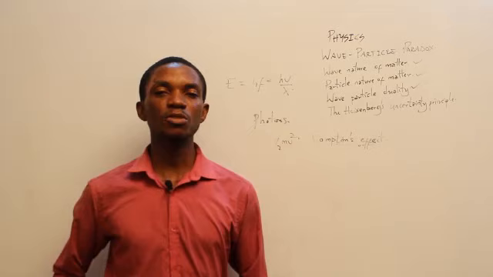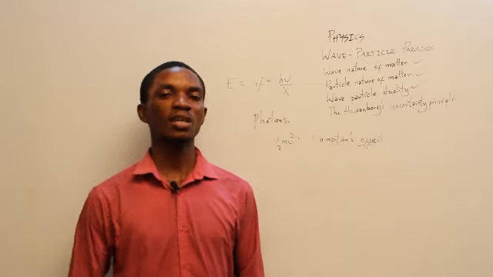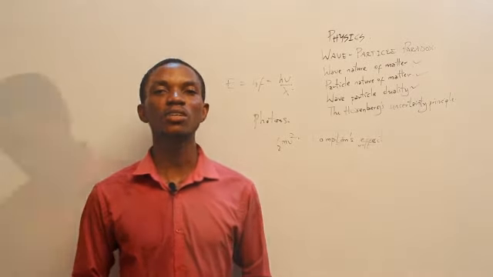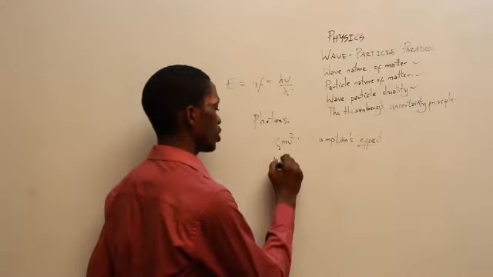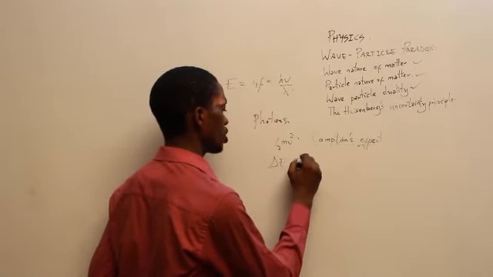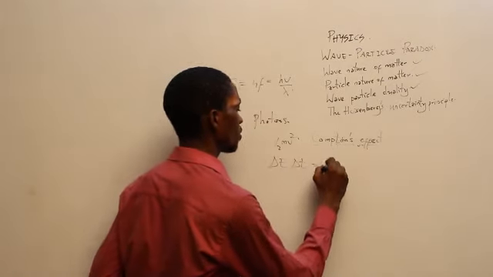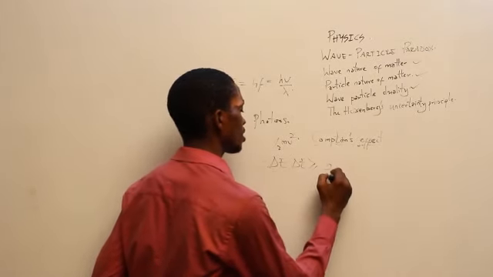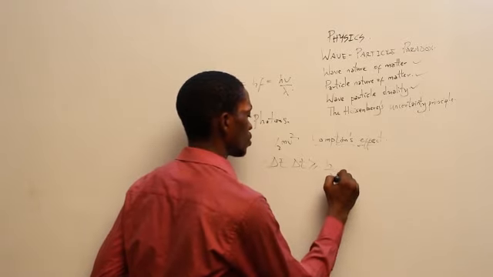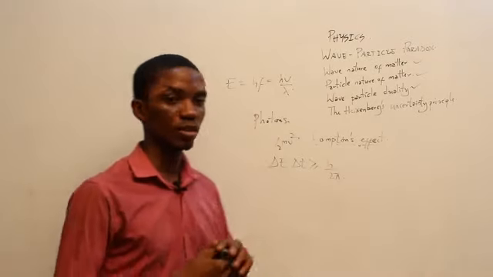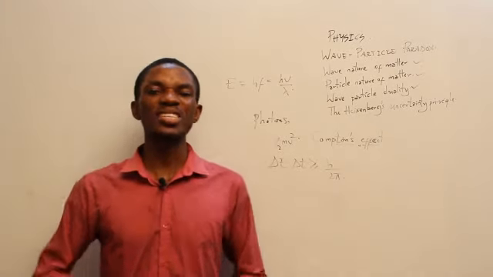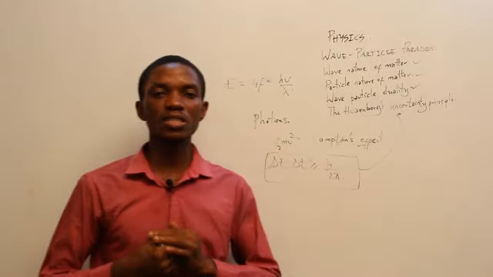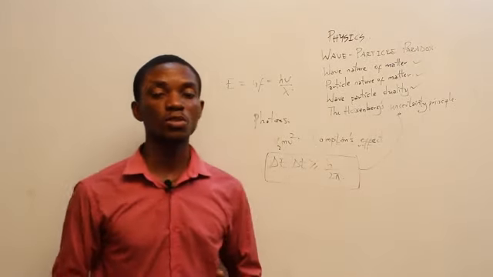In other words, we have to calculate one and know the other, or we simply do not calculate any of them. A given expression says change in energy multiplied by change in time is greater than or equal to Planck constant divided by 2 pi. So we are not sure of exactly what it will be, but we know it will be about this. That's what the Heisenberg's uncertainty principle suggests.